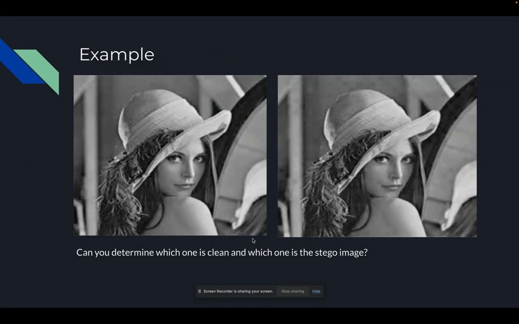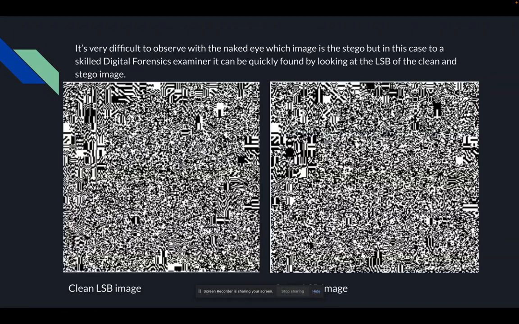So here is an example. We can see that there are two different images. However, one of them is a clean image and one is a stego image. Can you determine which is different? It's not actually possible to determine with the naked eye, but this is why we have different tools and techniques.